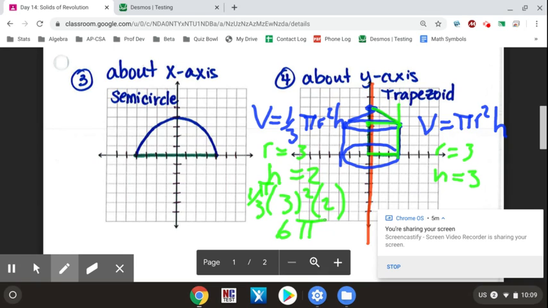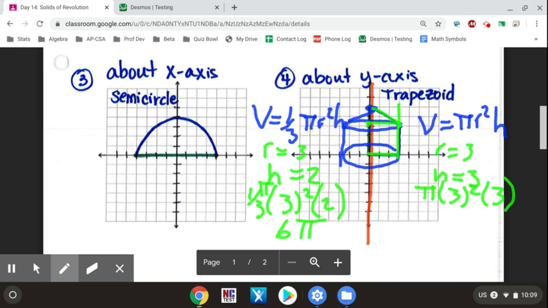And on this one, for the cylinder, we plug it in: pi, r is 3, so 3 squared times the height of 3. That simplifies to 27, so 27 pi. To get your final answer, you just need to add the cylinder and the cone together. So my final answer should be 33 pi.